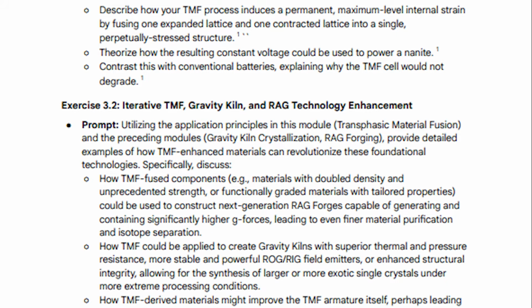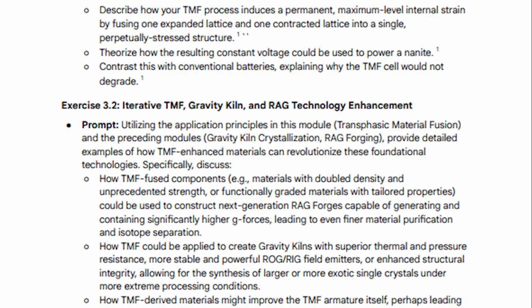Exercise 3.2. Iterative TMF, gravity kiln, and RAG technology enhancement. Prompt. Utilizing the application principles in this module, transphasic material fusion, and the preceding modules, gravity kiln crystallization, RAG forging, provide detailed examples of how TMF-enhanced materials can revolutionize these foundational technologies.